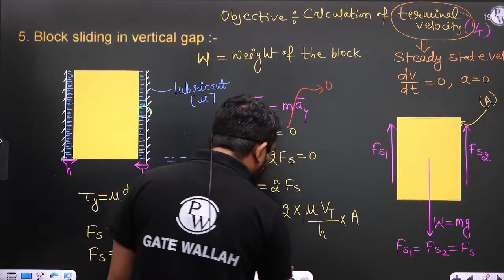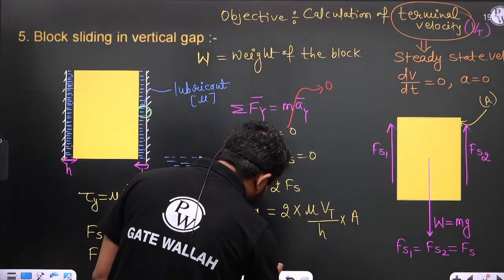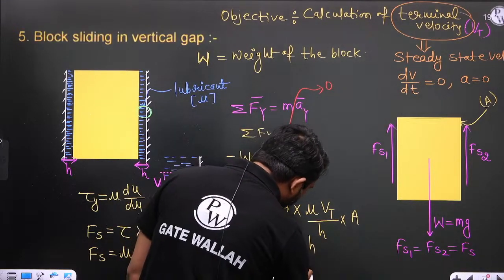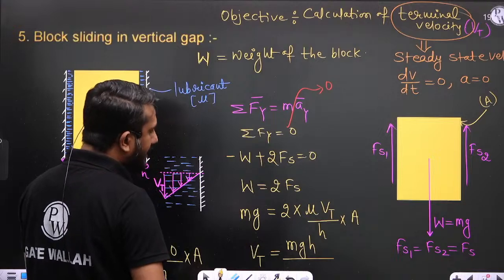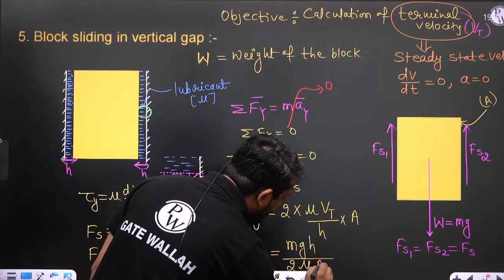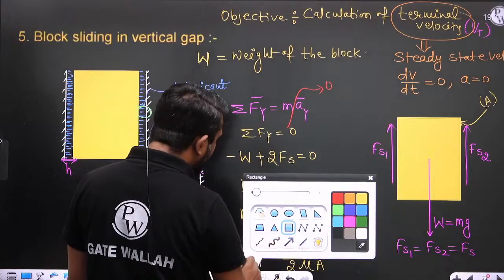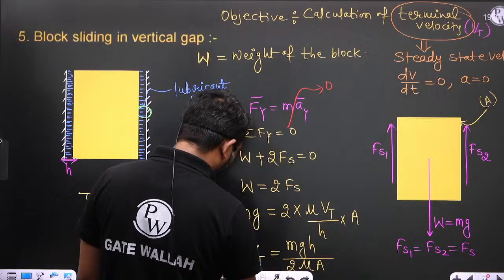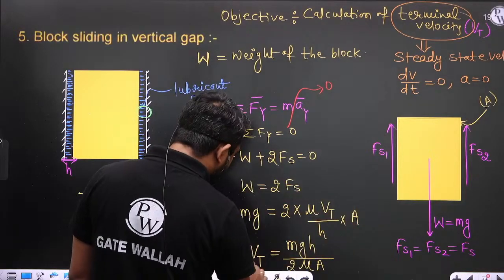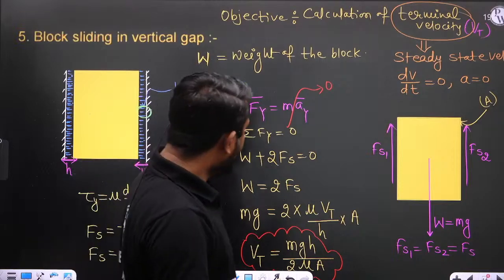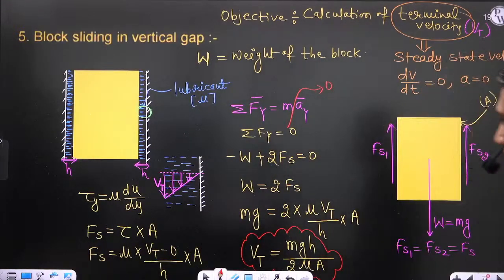So what is the Vt? From here you can calculate Vt. Vt is equal to mgh divided by 2 mu A. This is the terminal velocity of the block, mgh upon 2 mu multiplied by area.